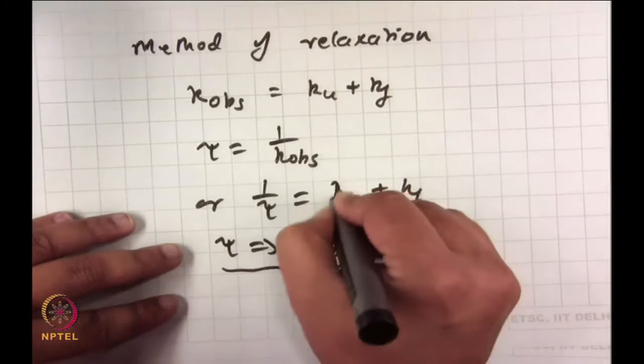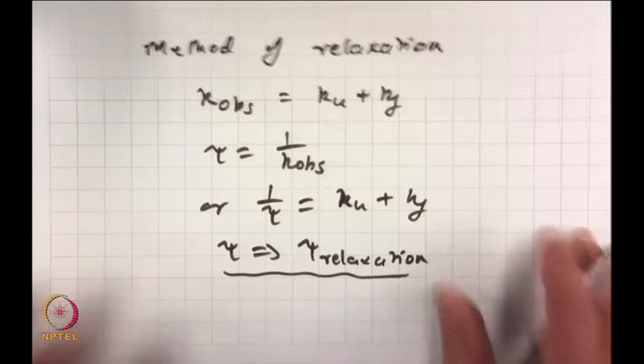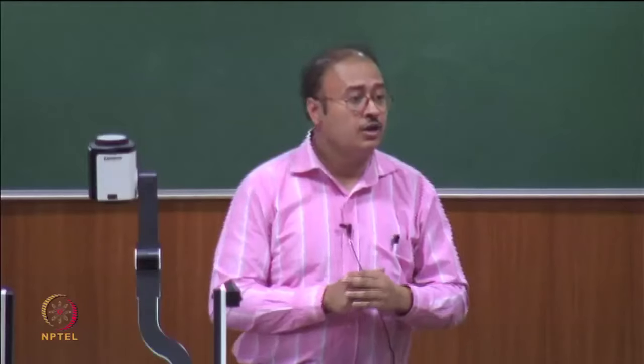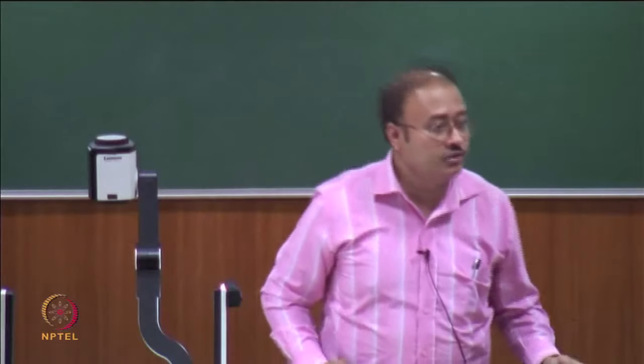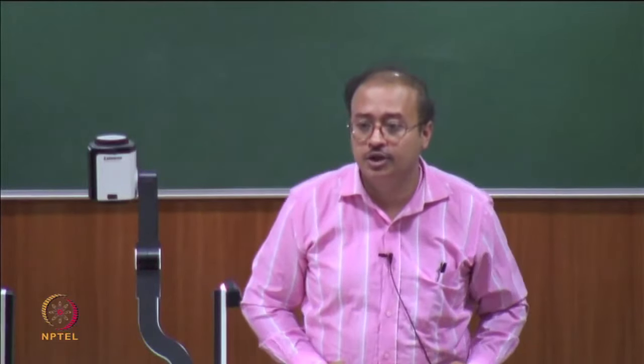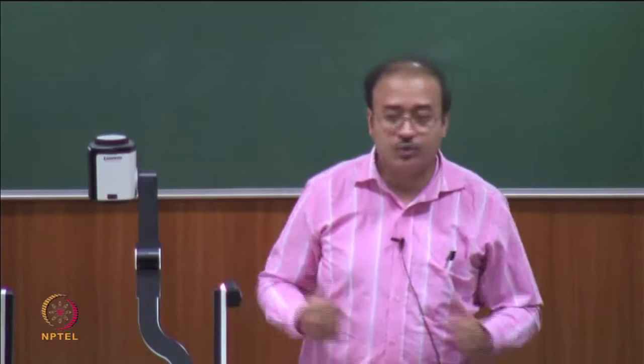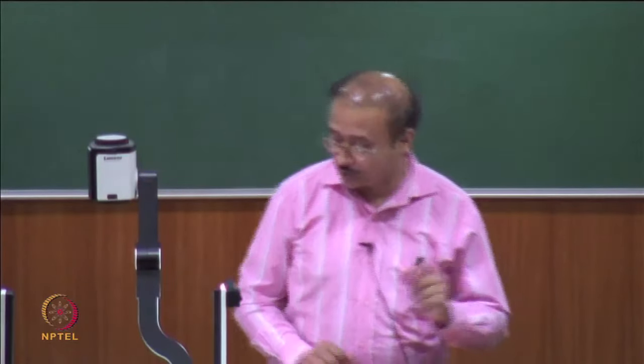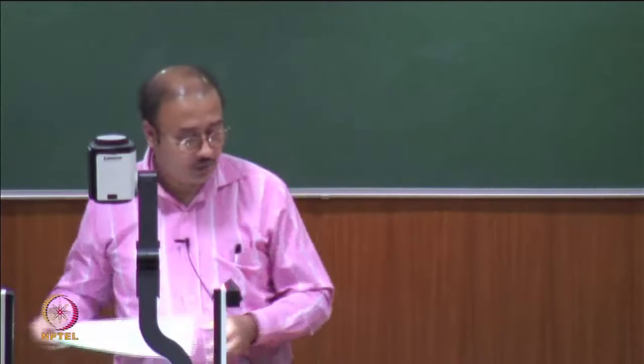There are ways of measuring this relaxation time constant, we will discuss those very soon, but whenever you are talking about a two state scenario, whenever you are talking about a chevron plot, you are always talking about k observed, and that is how you derive it. So, that is what the relaxation method is.